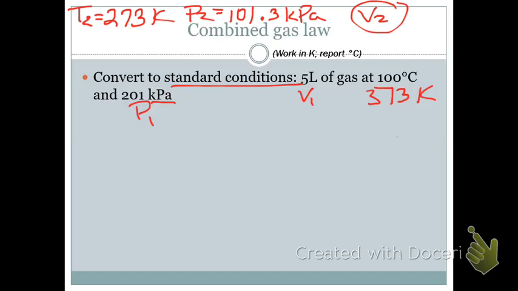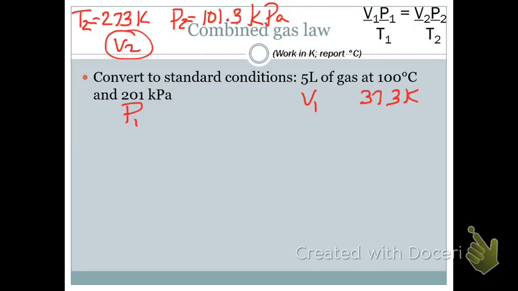Okay, so I cleaned that up a little bit so I can work. So I have to do plug and chug. I know what my formula is in this case.